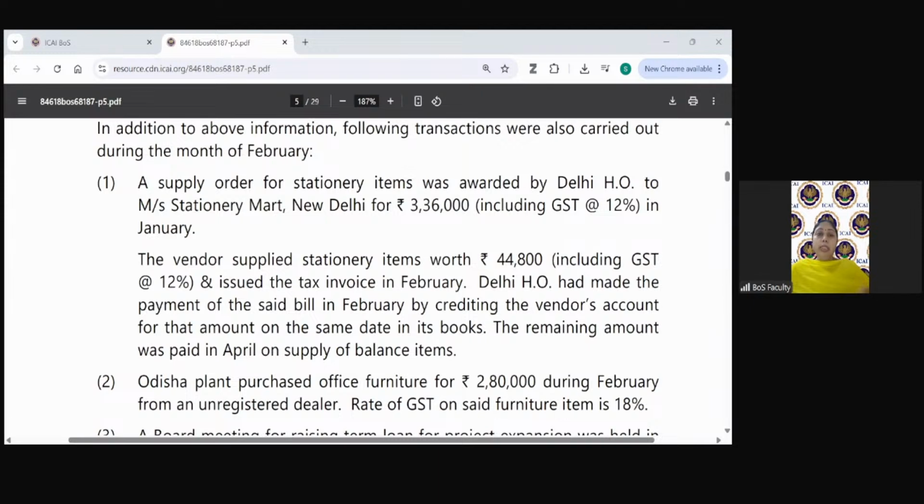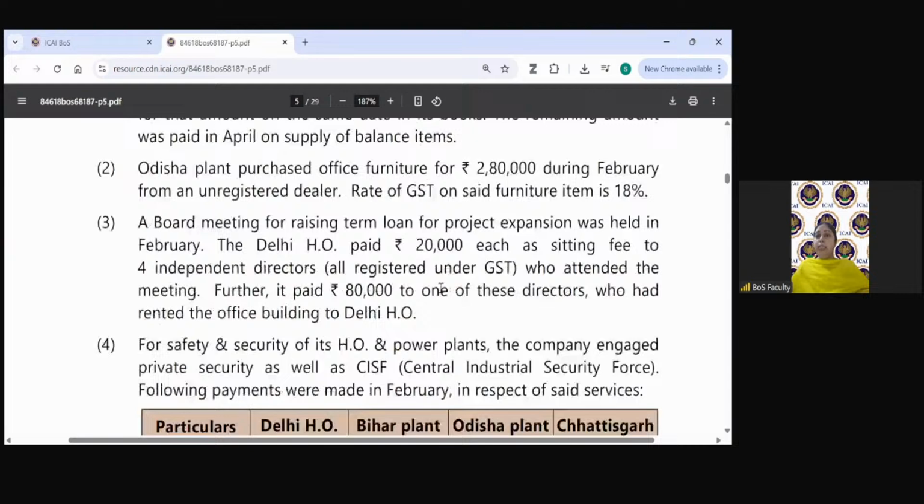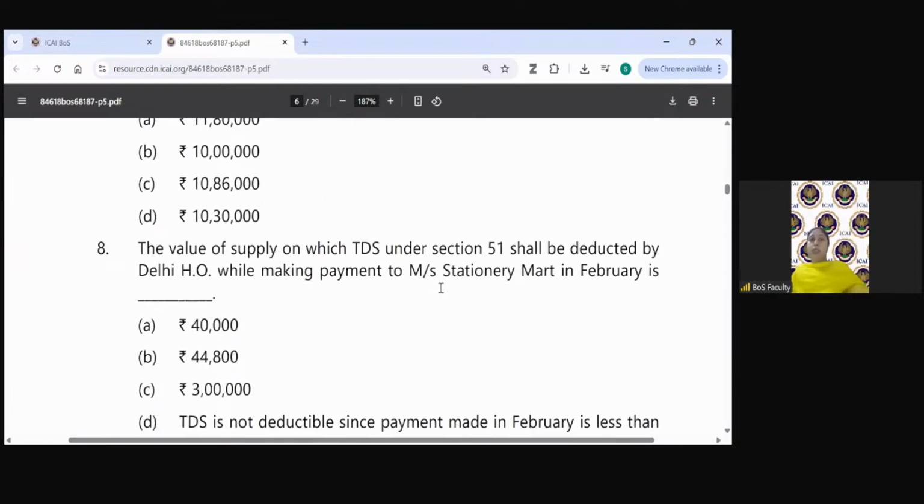So now here in the month of February, the Delhi HO is making the payment of 40,000, and on the same it has to deduct TDS at the rate of 2%. But we are only asked the value on which the TDS has to be deducted. Okay. So with this, the answer came as 40,000.